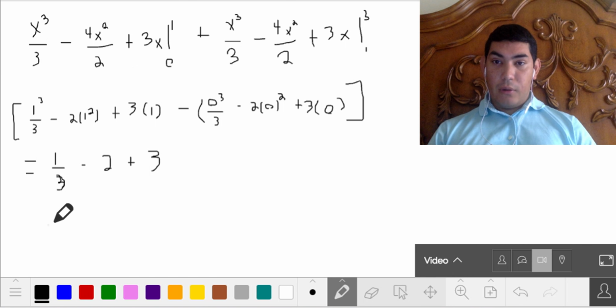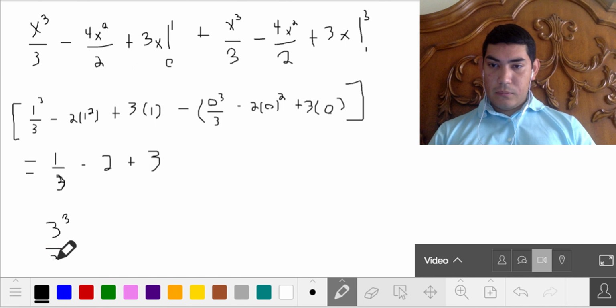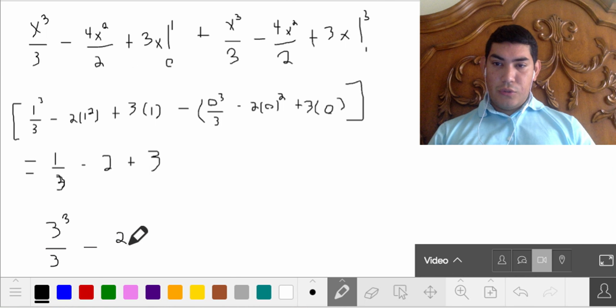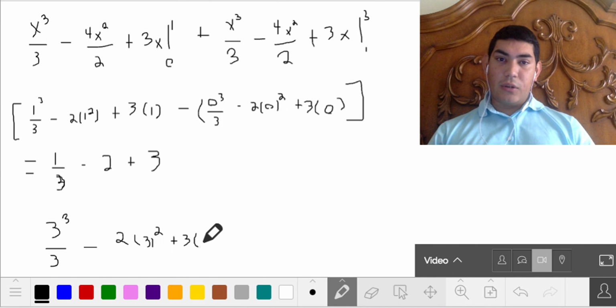We're going to have 3 cubed divided by 3, minus 2 times 3 squared, plus 3 times 3, because that's our x value.